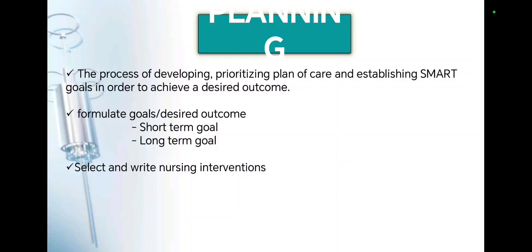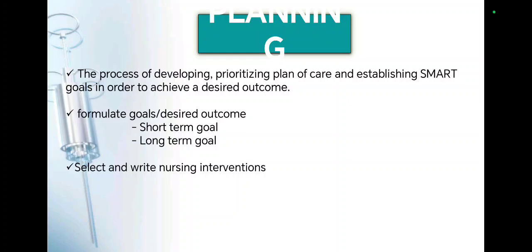You have a scale, you have any measurement that could really check if you have achieved your goal. We have attainable. Okay? Next, realistic. Okay? And lastly, time bounded. So again, in establishing your goals, they should be specific, measurable, attainable, realistic, and time-bounded.